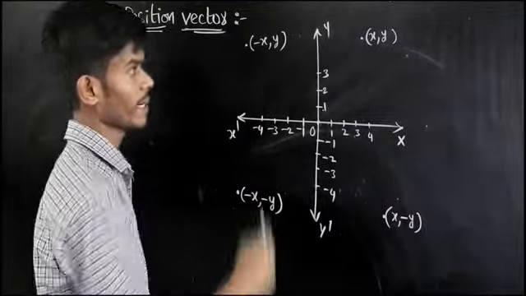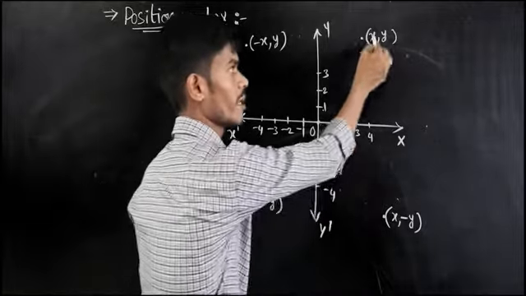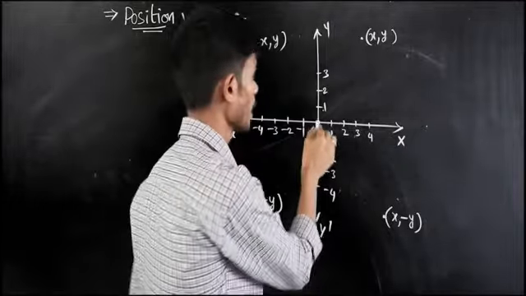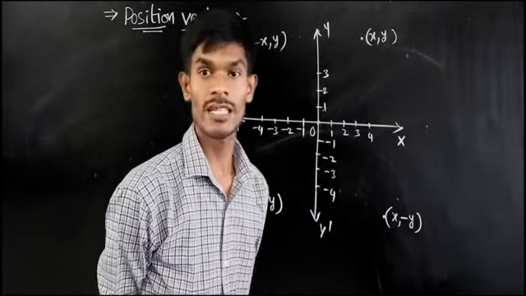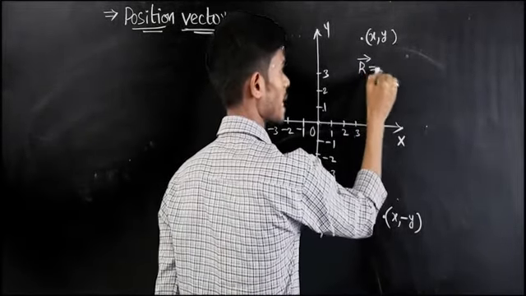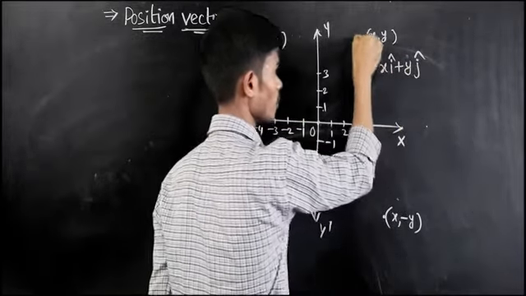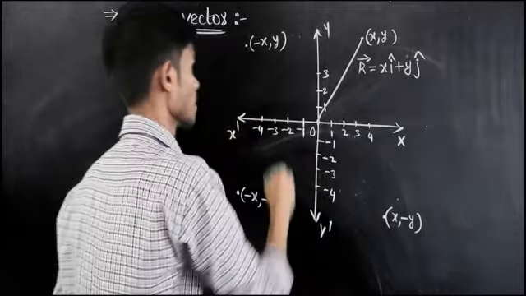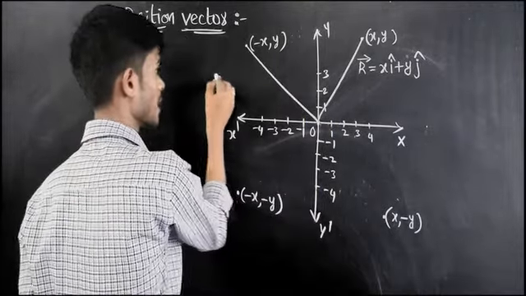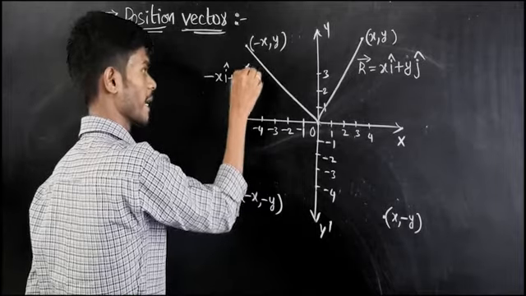Then how can we represent this point in vector form? Here the x component is there, and along the x-axis the unit vector is i cap. The y component is there, and along the y-axis the unit vector is j cap. So this resultant vector can be written as x i cap plus y j cap. Suppose we consider this point and write the resultant vector, this becomes minus x i cap plus y j cap.